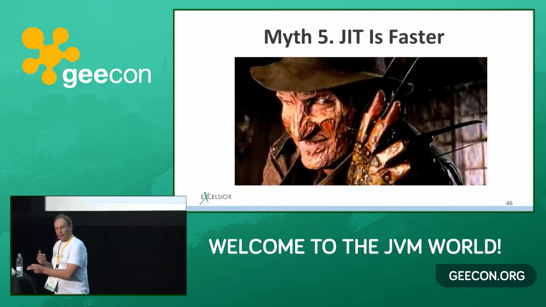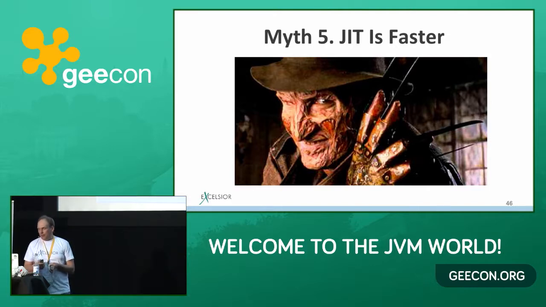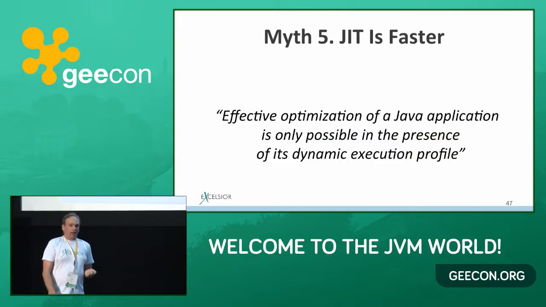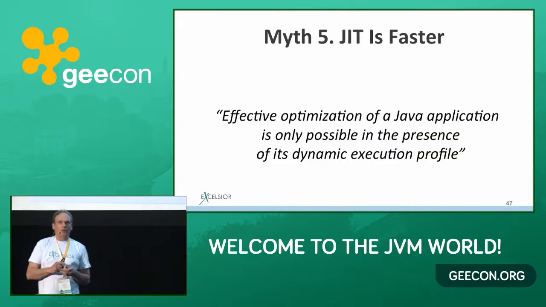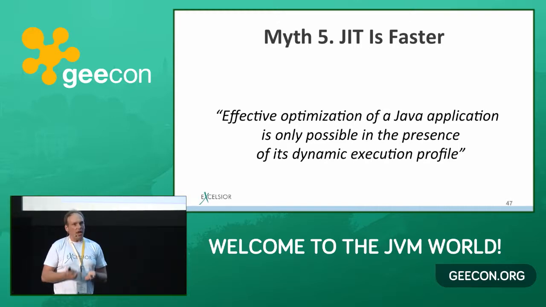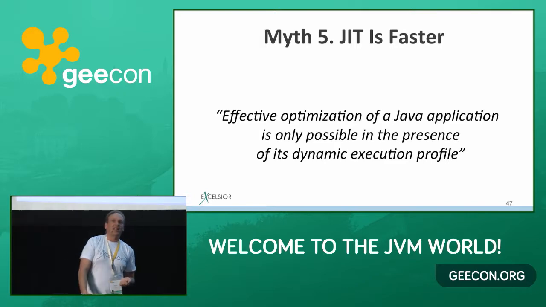But there is also an opposite myth: effective optimization of a Java application is only possible in the presence of its dynamic execution profile. This myth is the most difficult to bust because the best JVM engineers have been hammering it into Java developers' heads for years.